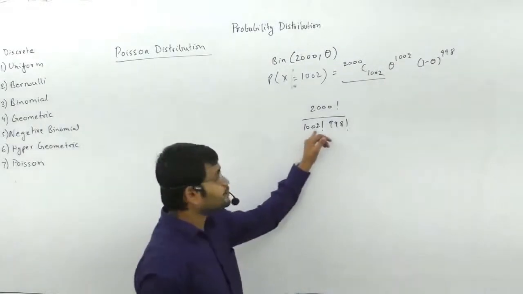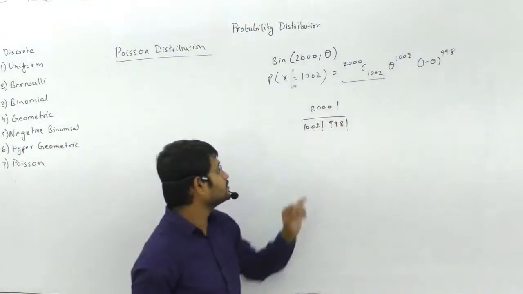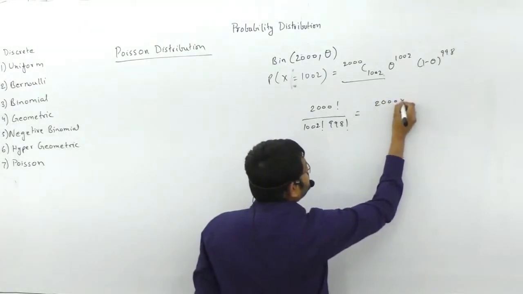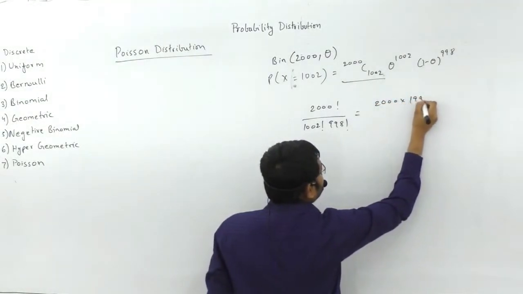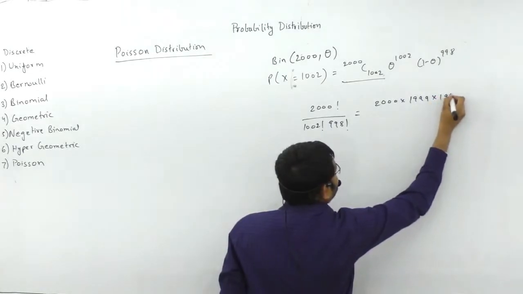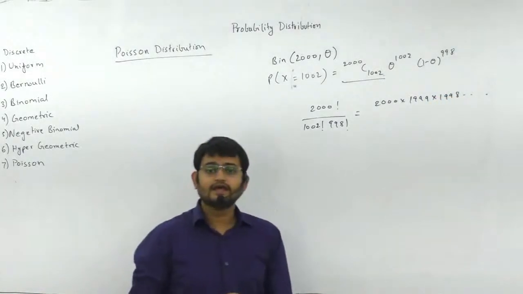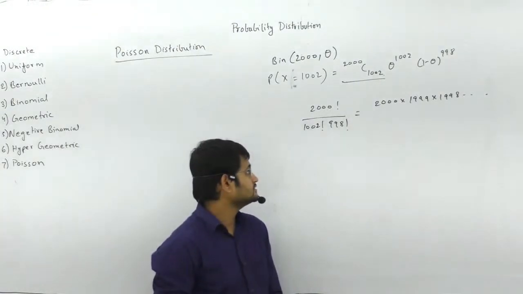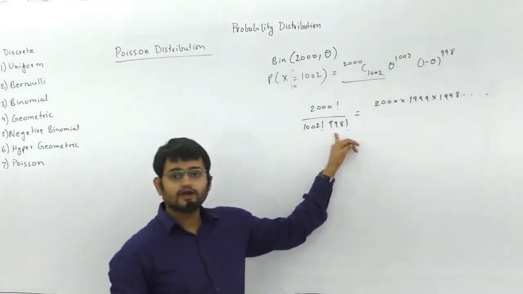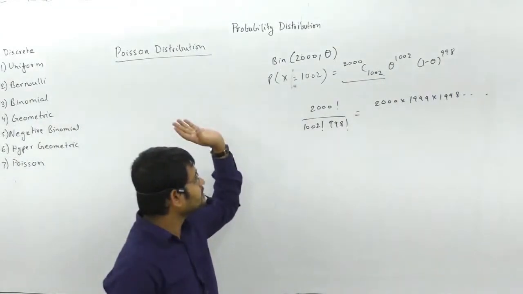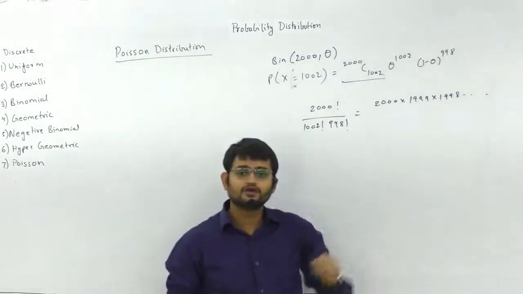Even if you cancel 1002 factorial from 2000 factorial, you will still be left with 2000 into 1999 into 1998 and so on, 998 different values, divided by 998 factorial. It's such a large number that it will be very difficult to calculate.